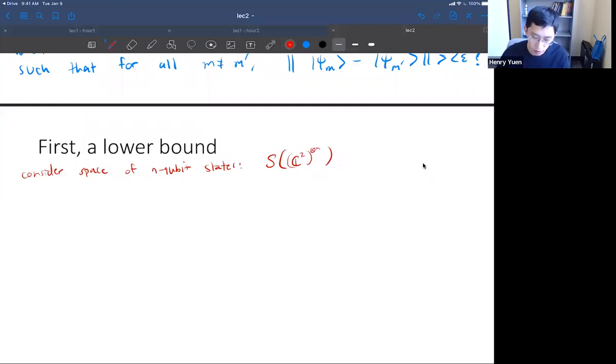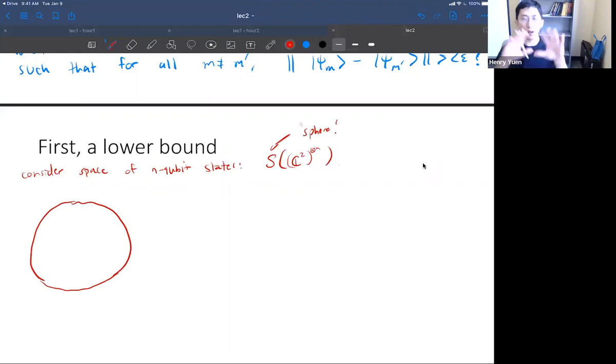S stands for sphere, because in my mind, when I picture the space of all n-qubit states, I really just think of a sphere. It's the space of all unit vectors, and every point on the surface of this sphere is going to represent a different quantum state.